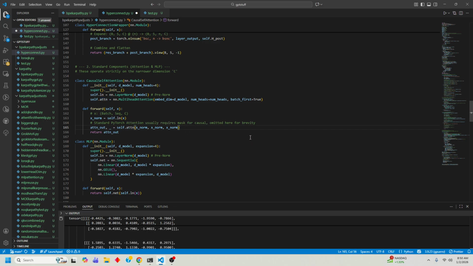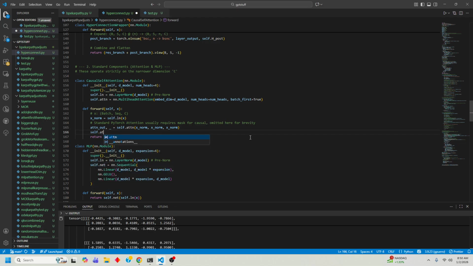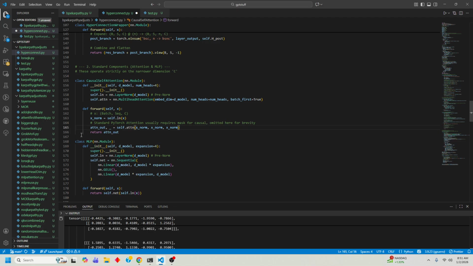Let's see here. I'm not actually sure of their inputs for nn's multi-head attention. Oh yeah, it looks like they don't have the attention mask. Interesting. So that would have to be added in.